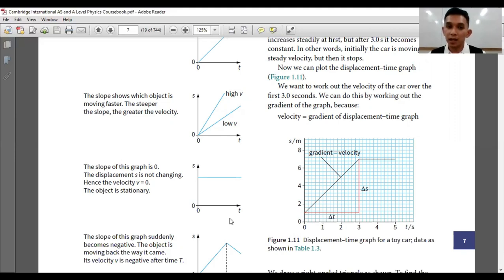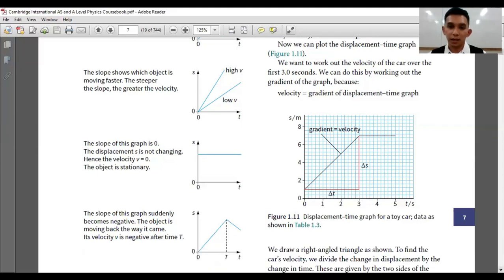In the displacement-time graph, if it is flat, it means there is no velocity or the object is stationary. But if it is between velocity and time, then it means that there is velocity, but the acceleration is equal to 0, or what we call constant velocity.